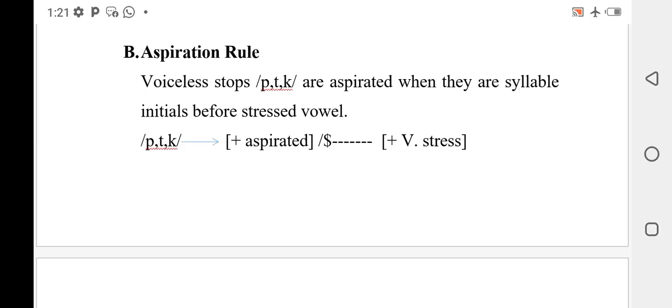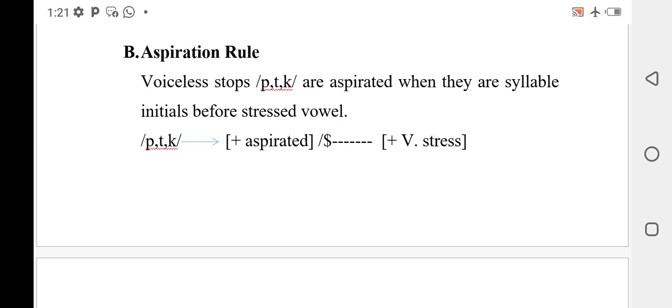Okay, you remember what we talked about in the other class? We have voiceless stops, there are 3 of them, P, T, K. They become aspirated when they are at the syllable initial position and they are followed by a stressed vowel.